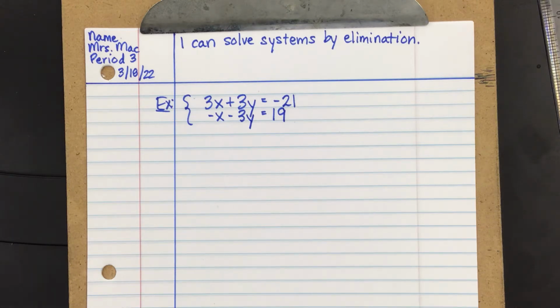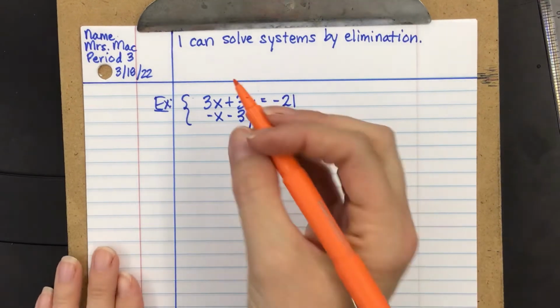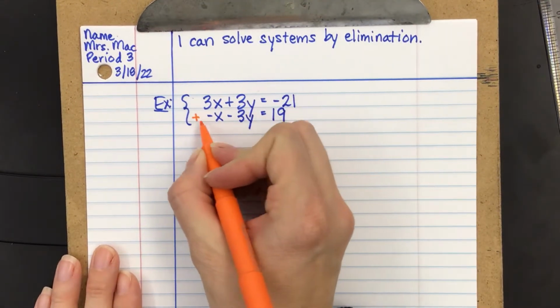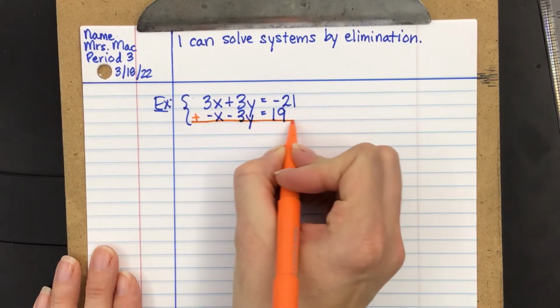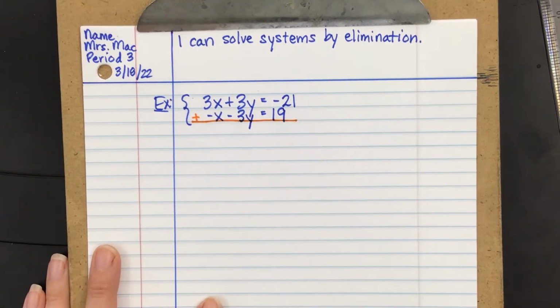So elimination works like this. You're basically going to set up a huge addition problem with your two equations. Okay.